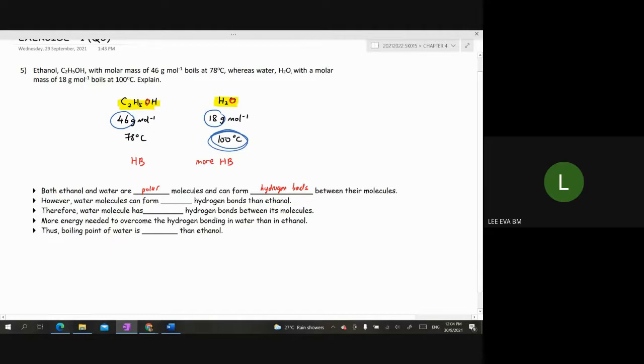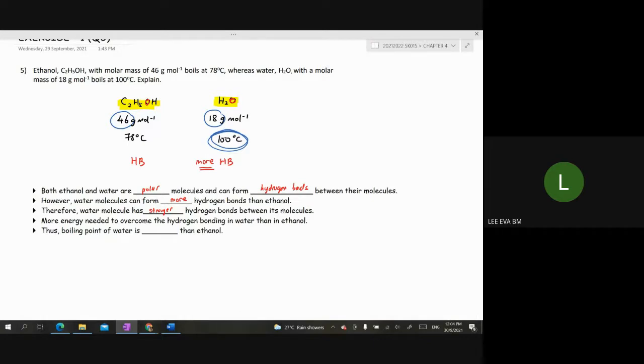However, water molecule can form more hydrogen bond. When you're having more hydrogen bond, so in overall, we will say the water will have a stronger hydrogen bond. So kalau nak shortcutkan ayat lagi, boleh. However, water molecule can form more and stronger hydrogen bond.